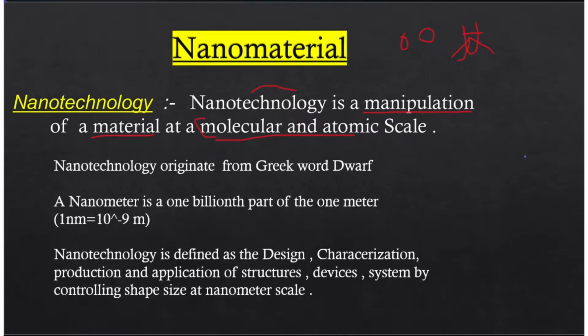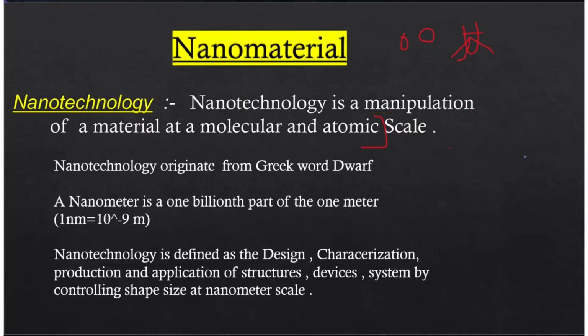What is molecular and atomic? Molecular means at molecular level, molecular scale, very small, in the range of 10 raised to power 9. So nanotechnology is a manipulation of a material at molecular and atomic scale. Simple definition.